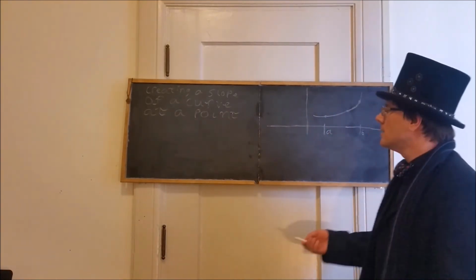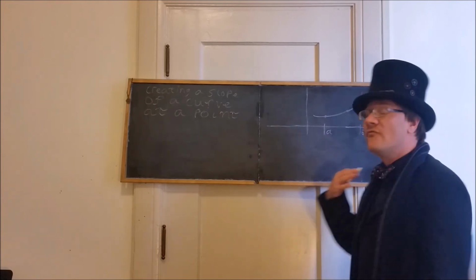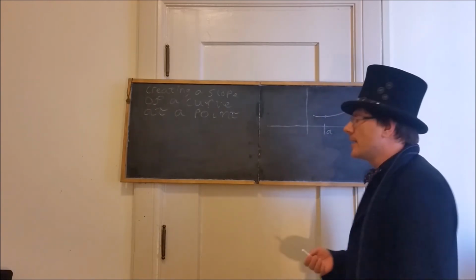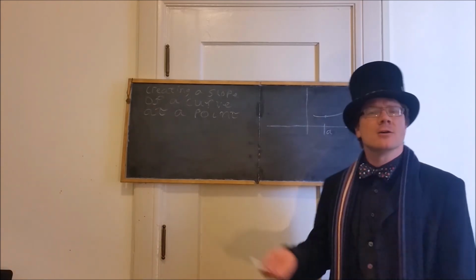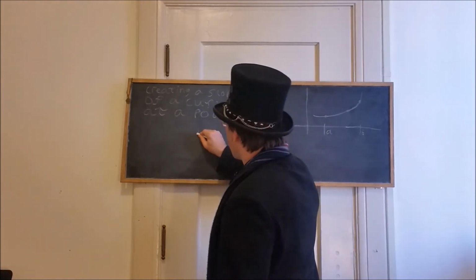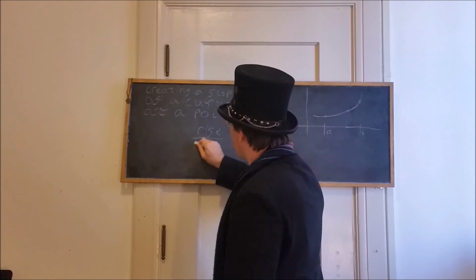Right then, so for this first episode, I would like to share with you the formula for creating a slope of a curve at a point. Now, you probably know from your algebra days that slope is rise over run.